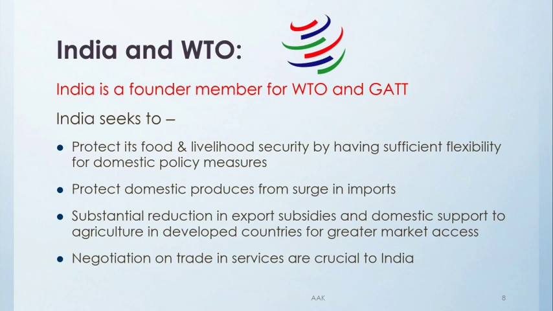Also, India is anticipating strict anti-dumping policies to prohibit dumping, which is harmful for Indian domestic players or producers. India is also demanding good support in the international market for its agricultural products and service sector.